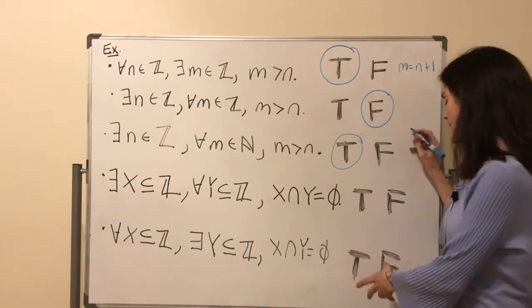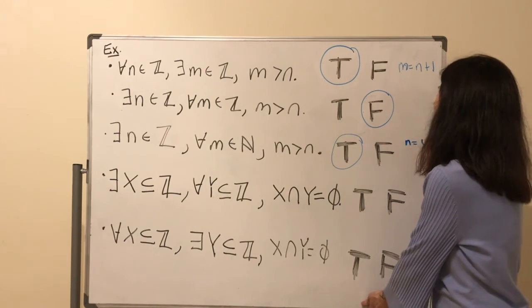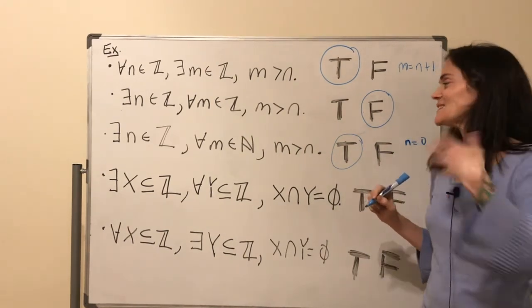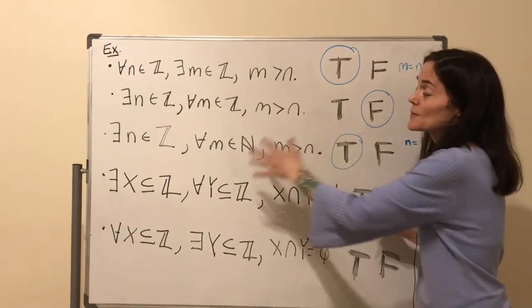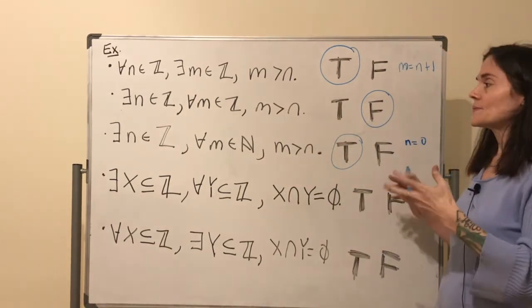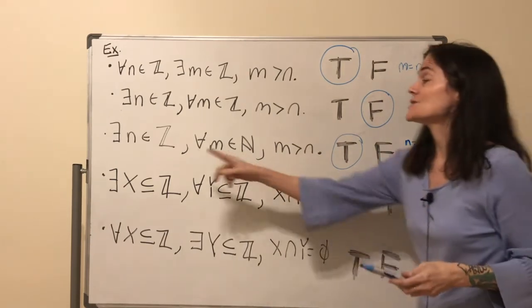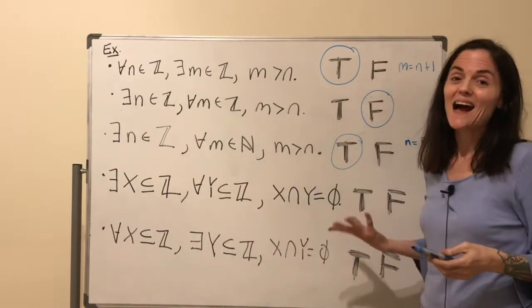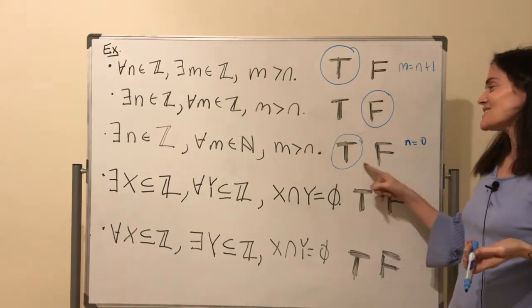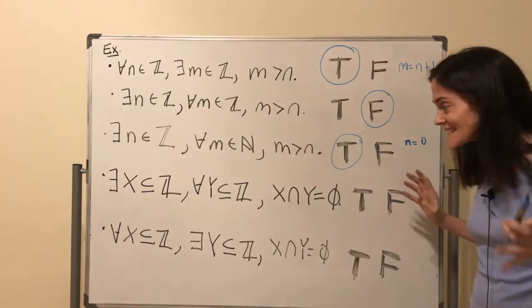You can take m is 0. You could also take m as minus 1, m as minus 2, any of these, because the natural numbers are 1, 2, 3, 4, and marching forward, and any non-positive integer will work here. So there are many options. In particular, there's at least one. This is true.